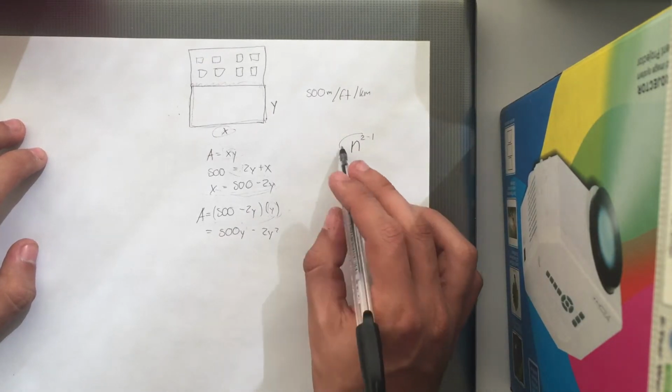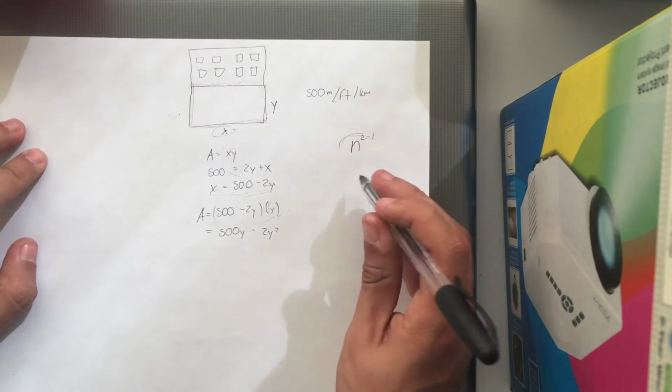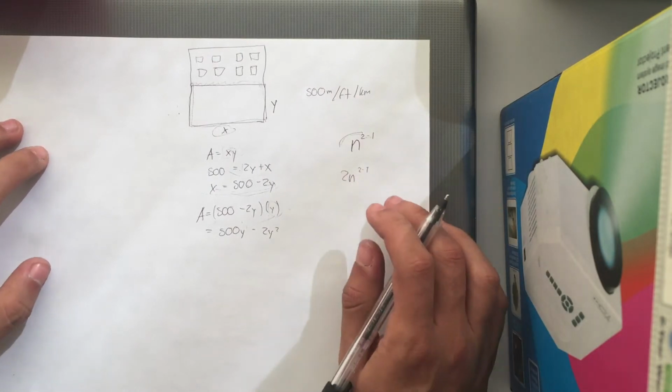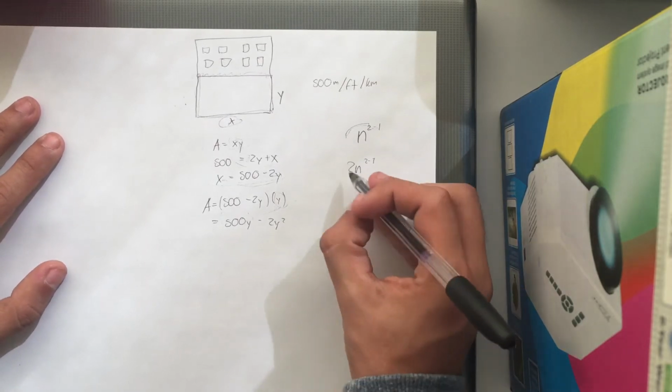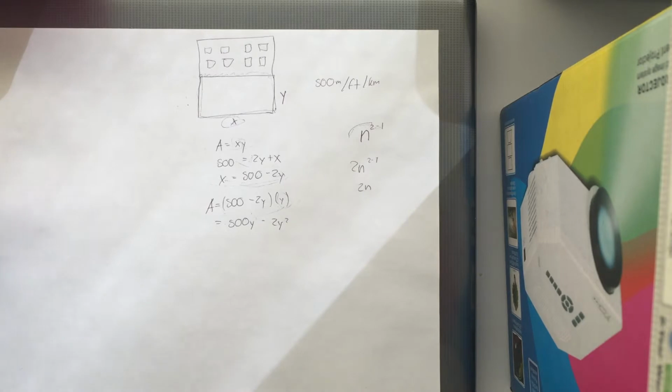So in this case we drop the 2 and we subtract 1. So 2n, 2 minus 1 is 1, and every number to the power 1 we don't need to specify that, so it's only 2n. I wish I made myself clear.